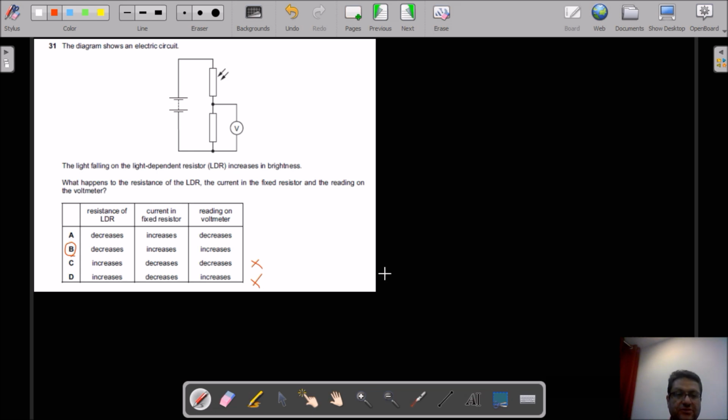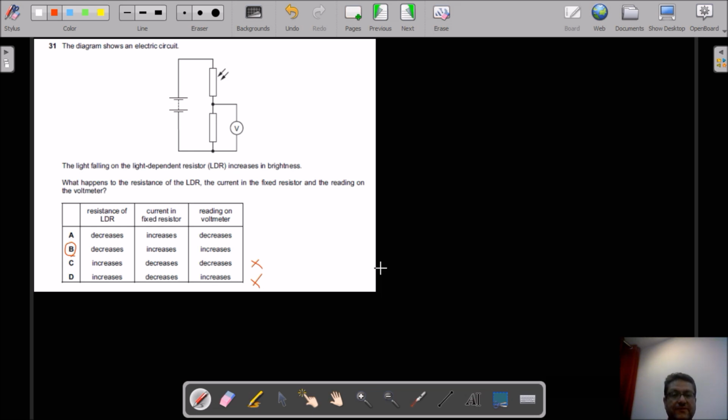It is made of silicon. That's why when brightness increases, resistance decreases. Okay, and then when resistance decreases, current increases. Current in the circuit will increase because when resistance of LDR decreases, resistance of total circuit decreases. That's why current in fixed resistor increases.